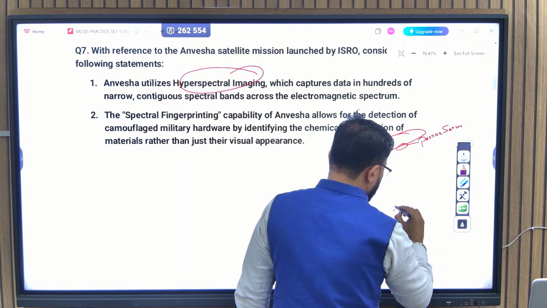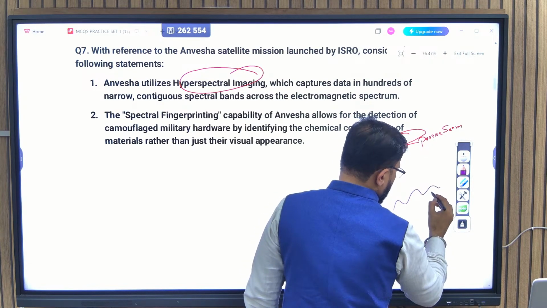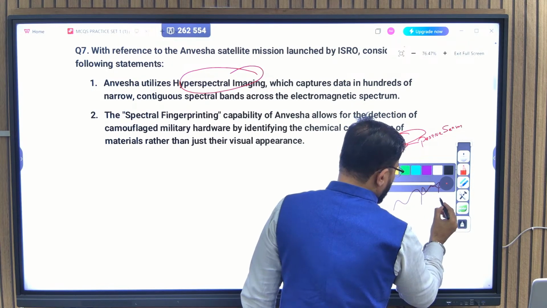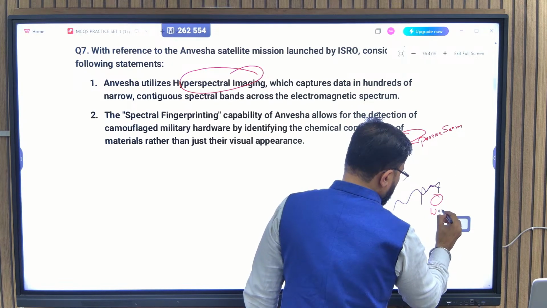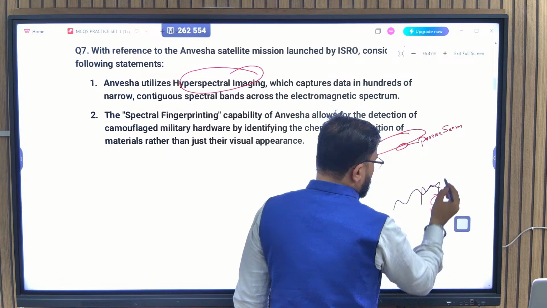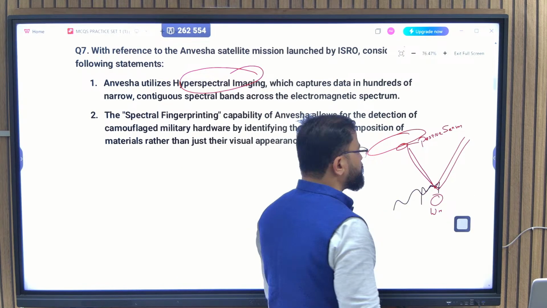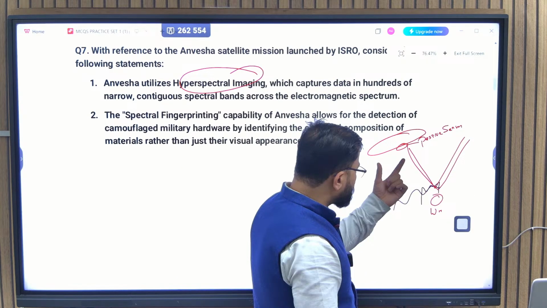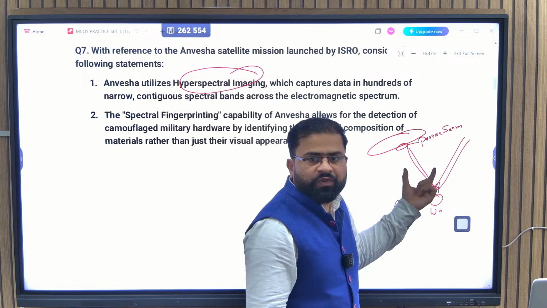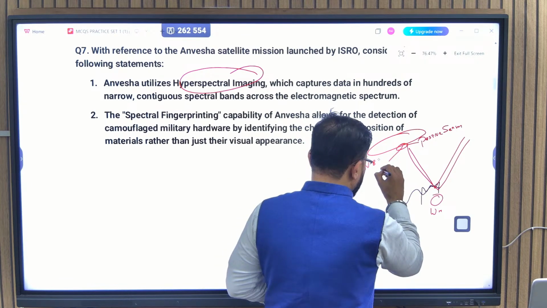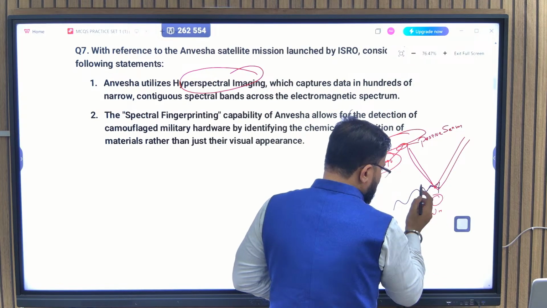Suppose this is the region, a forest cover region, and apart from that we have certain weapons also. Now this is the sunlight. It captures the reflected light, and because of this it is called a passive sensor. Now it will capture narrow bands of frequencies, as we have discussed, and because of this it can easily ascertain the composition of the material.